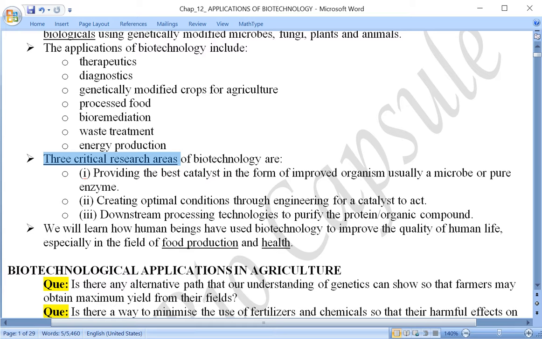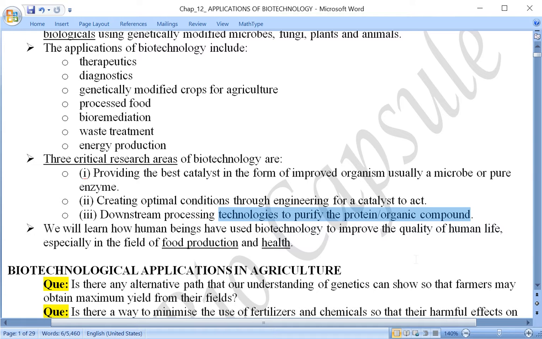And the third one is the downstream processing technologies so that a protein or otherwise an organic compound can be purified in its pure form, so that it does not have a mixture of any other substance. If a mixture is there, then the substance, the organic compound or protein, will not be able to function properly.